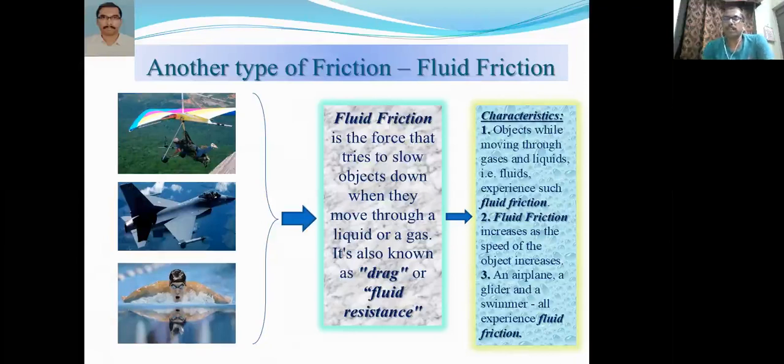Fluid friction increases as the speed of the object increases. If the glider, the aeroplane or the swimmer increases their speed, then fluid friction also increases.